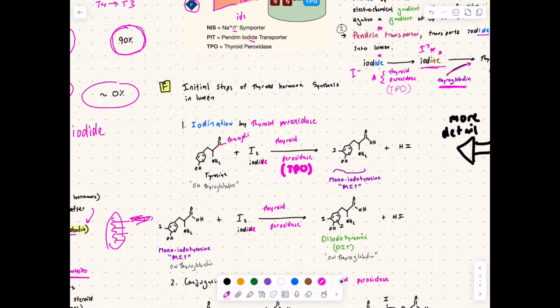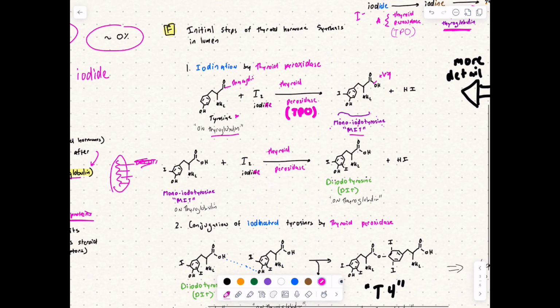Iodine is going to attach to the tyrosine on the thyroglobulin, and this portion on the thyroglobulin is called monoiodotyrosine. All right, so one iodine on a tyrosine, mono meaning one, so MIT. Okay, all right, and then the iodide that has been cleaved off of the iodine associates with the hydrogen atom.